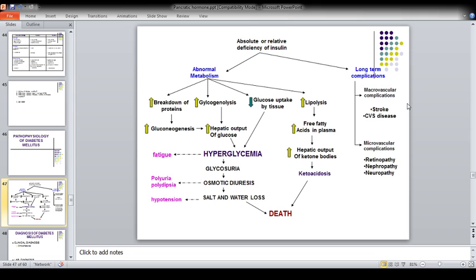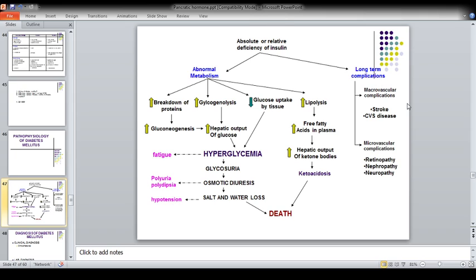Moreover, there would be decreased glucose uptake by the tissues which are dependent on insulin for glucose uptake. We've already studied these tissues: the cardiac tissue, the resting skeletal muscle, etc. All of these, the increased hepatic output of glucose and decreased glucose uptake by tissues, would eventually lead to hyperglycemia.